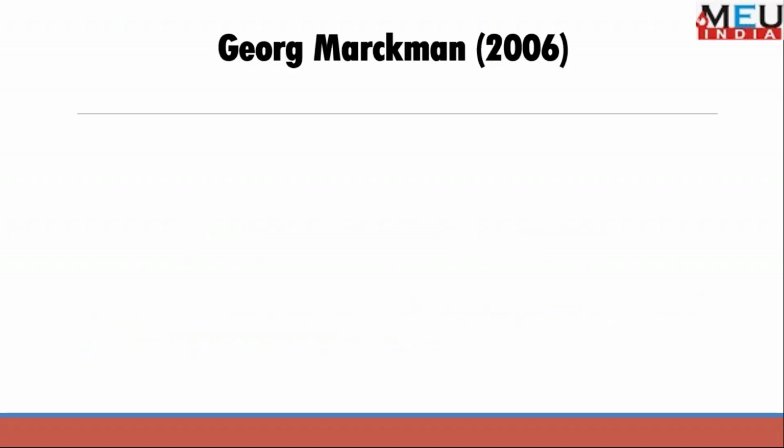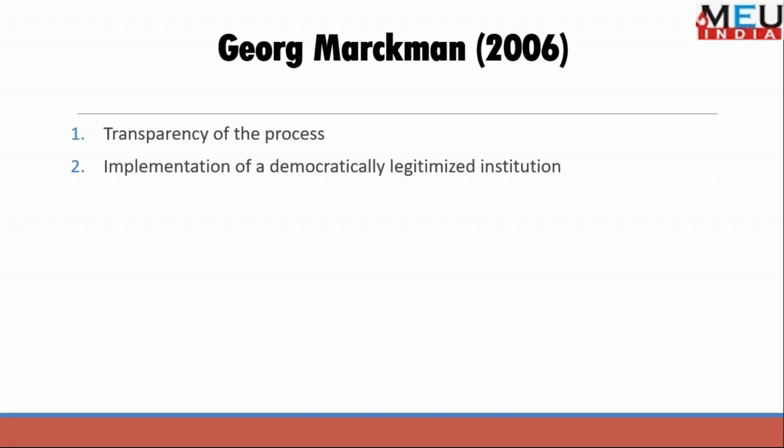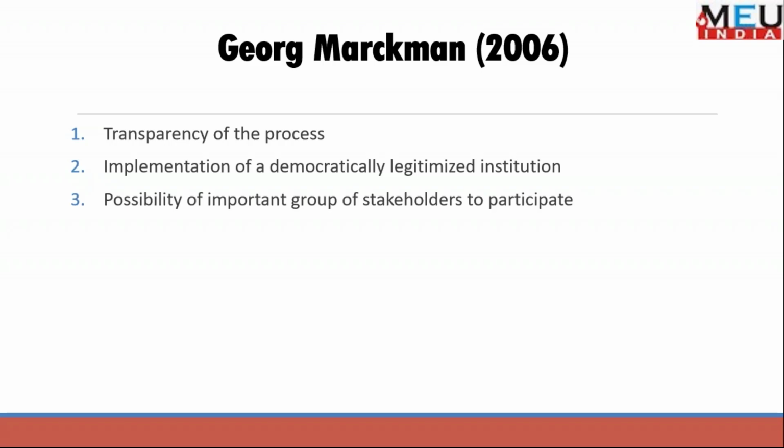Now, George Mackman states that in any procedural justice, the process should be transparent. It should be implemented by a democratically legitimized institution or a person in authority, like the medical superintendent or the health officer taking the decision. So it has to be implemented by someone who has the power to do so. There should be a possibility for important group stakeholders to participate.